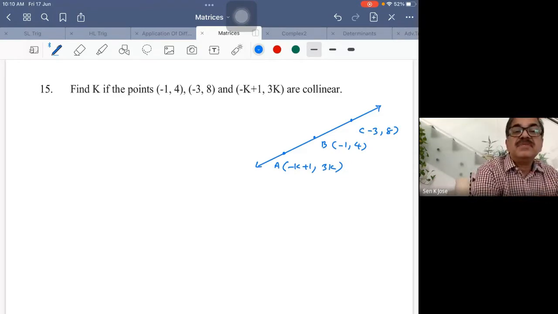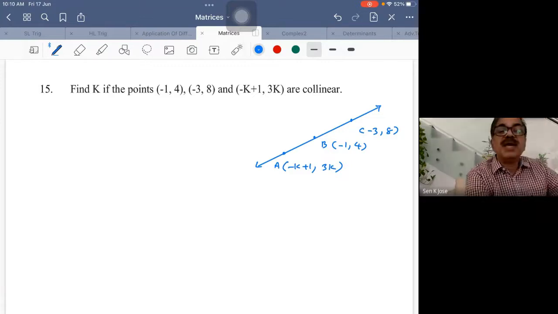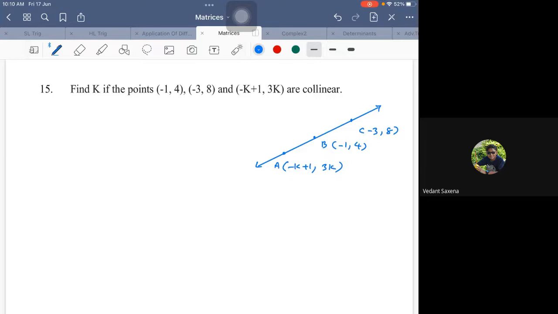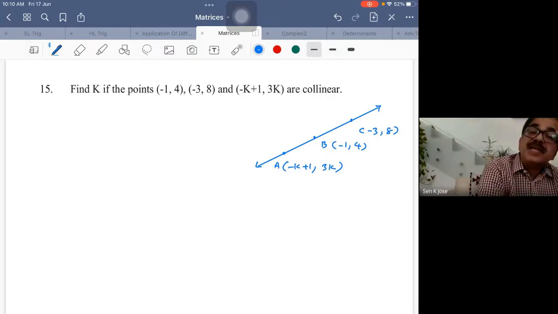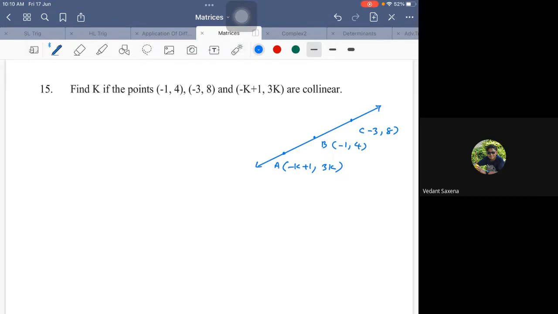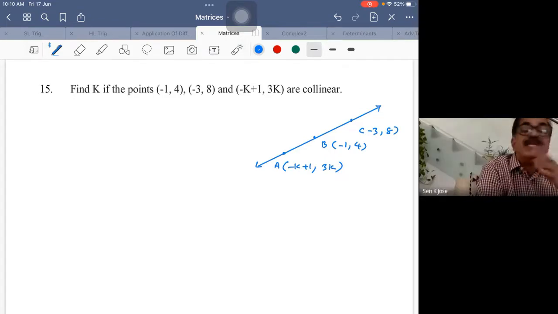Anyone? Vedant, if you are still there, can we make any connection? Here we would say that the area of the triangle would be 0. Exactly. Area of the triangle is equal to 0, half into mod of determinant is equal to 0. And then solve for k.